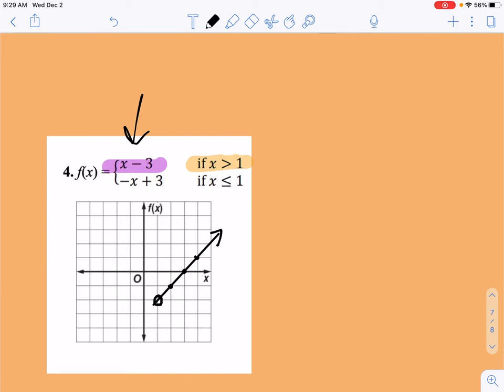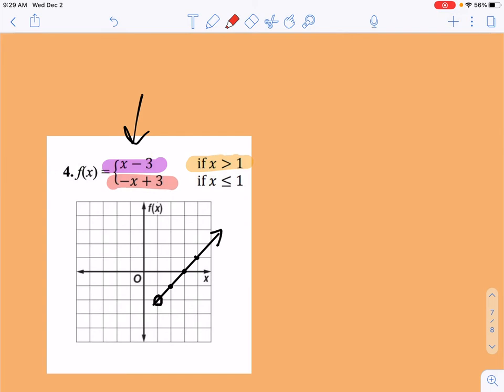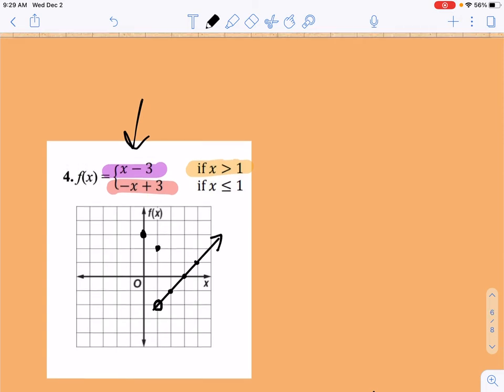So that's good. All right, and then we're going to do the same thing with this one right here. Let's do a different color. We got negative x plus 3. So my y-intercept is 3, so it's up here. And negative x means it goes down 1 and over 1 because it's a slope of negative 1. So that would give me another point right here.